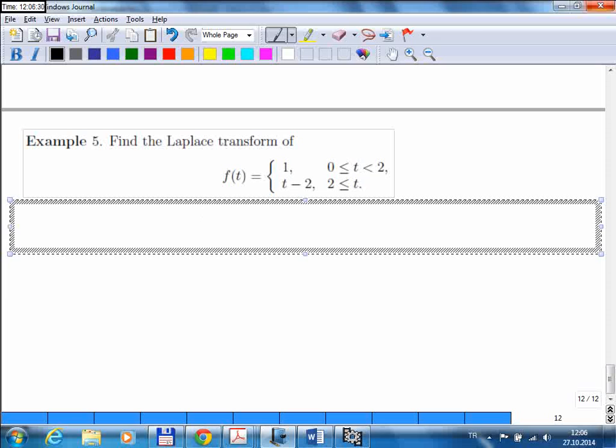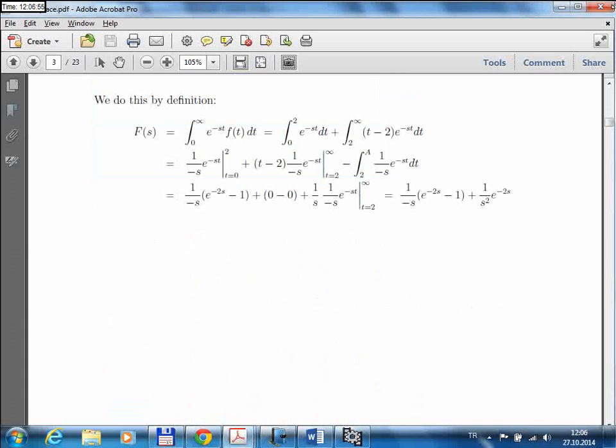Okay, so the transformation of this function was calculated using Laplace integral, and the result was found as this.